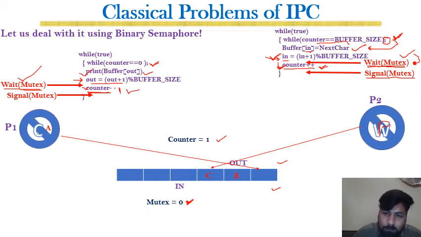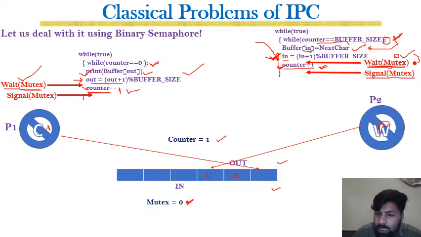At this moment, P2 wants to enter the critical section, because you can see that P1 is no longer in the critical section. But before entering, it must execute wait, and once wait is called on mutex, it will fall into busy wait, because mutex is 0.